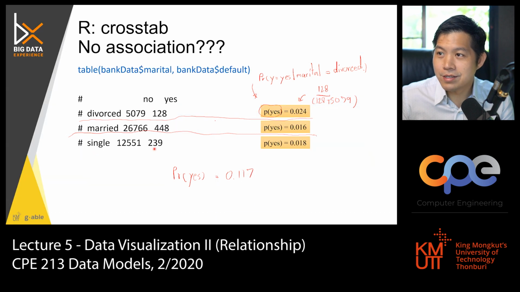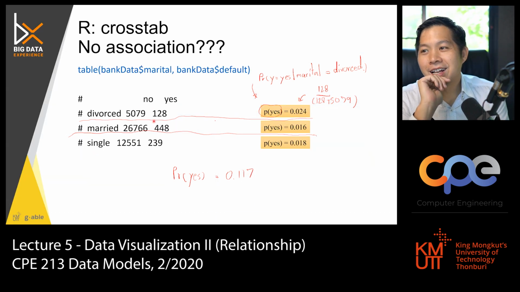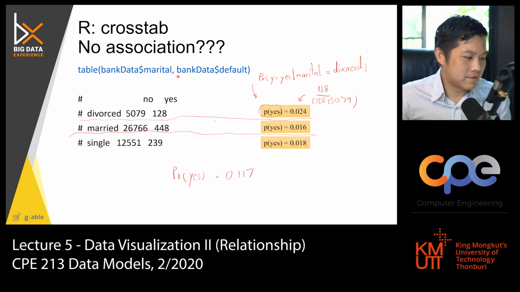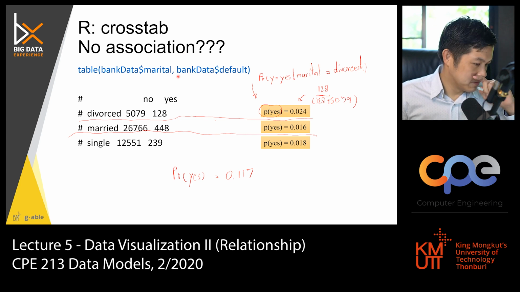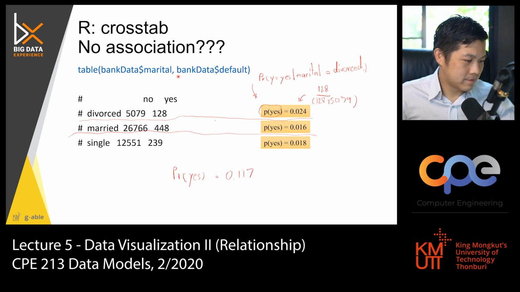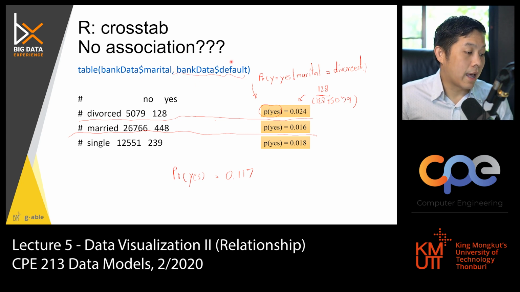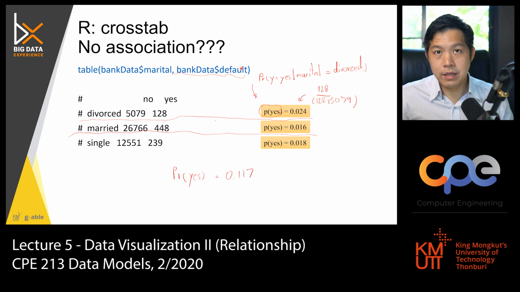Why is the number not the same though? Probably the data is different. Oh, this is for default. Different values. I forgot to look at this. For this one, I'm looking at default, which means who is bankrupt or having the default status on their account.